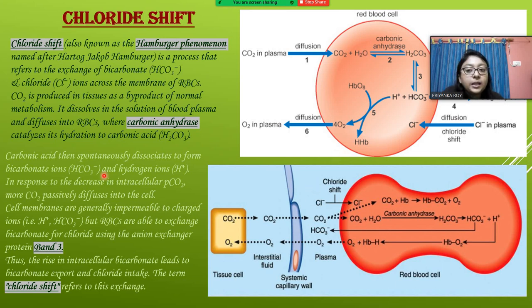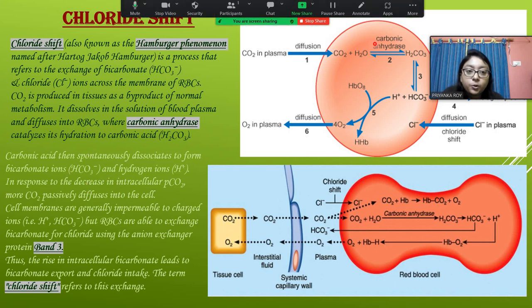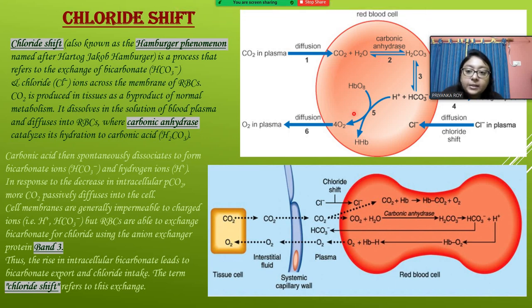It spontaneously forms carbonic acid by reaction of carbon dioxide with the water present in the RBCs, and when this carbonic acid starts dissociating, it creates a lot of bicarbonate ions inside the RBCs.